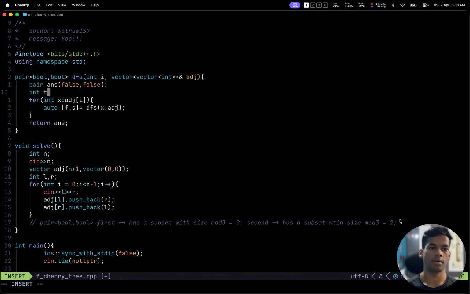2 count equals 0, and 1 count equals 0. Both are equal to 0.